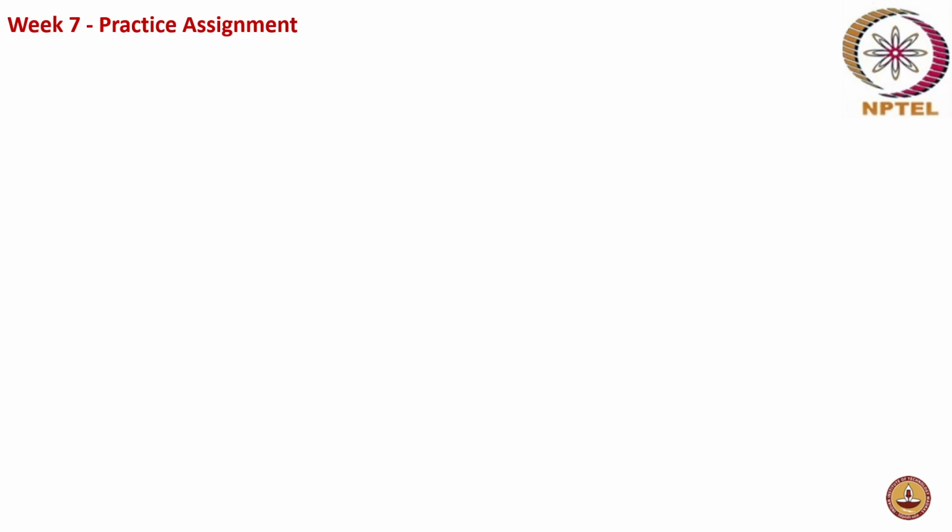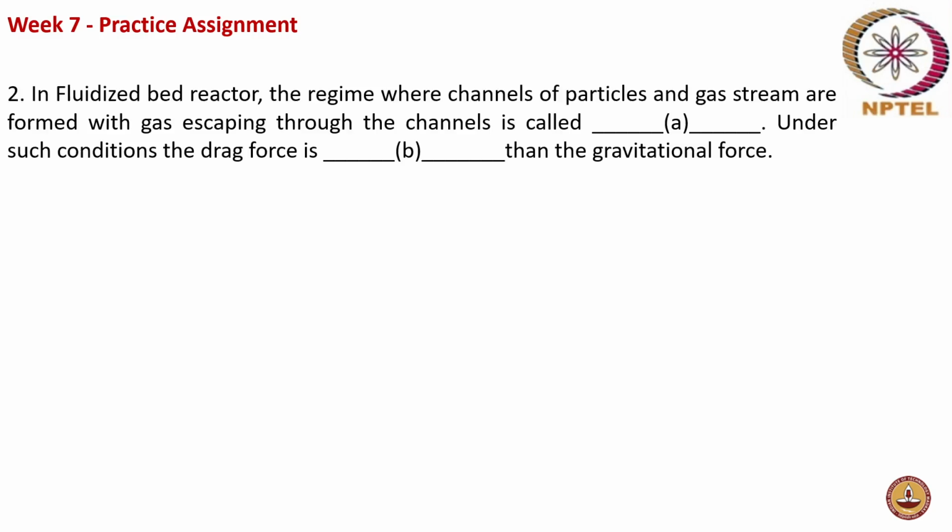Now let's get on to question number 2. In a fluidized bed reactor, the regime where channels of particles and gas stream are formed with gas escaping through the channels is called dash, and under such condition the drag force is dash than the gravitational force.